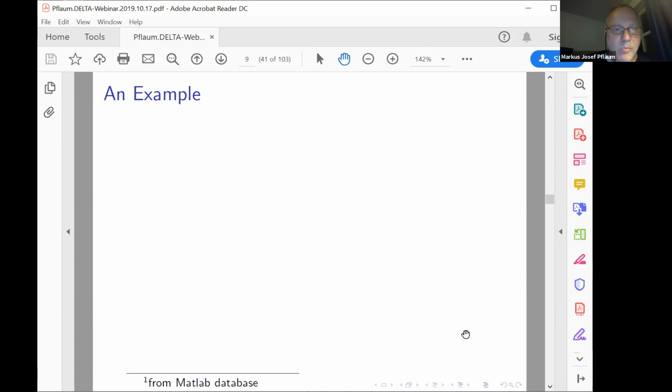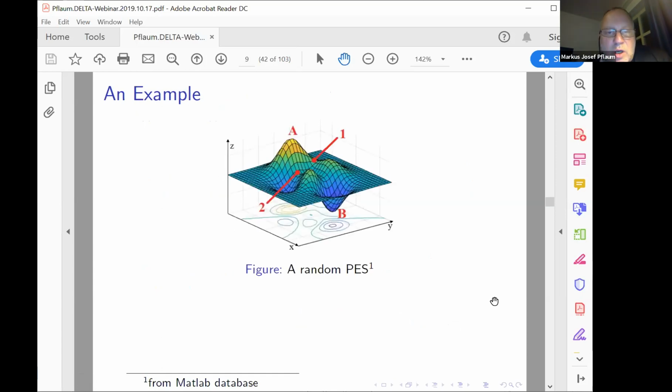Let me now come to an example. It's not of a particular molecule, but that's how a potential energy surface could look. What do you see? It has local maxima like this A here, local minima like the B here, and saddle points like at 1 and 2.